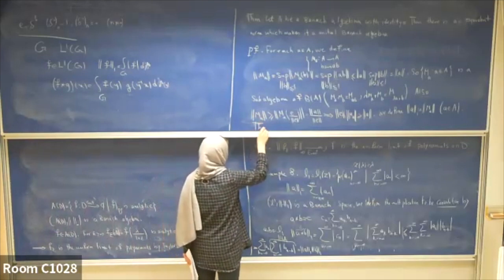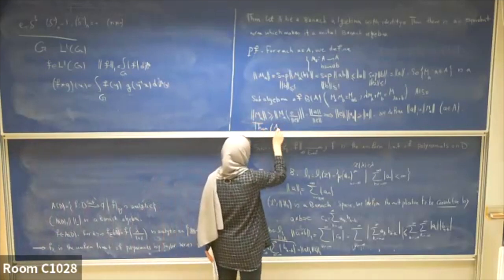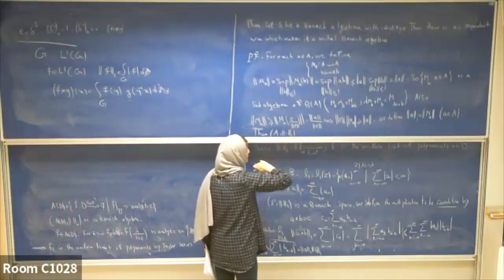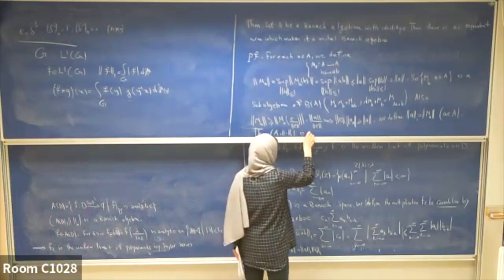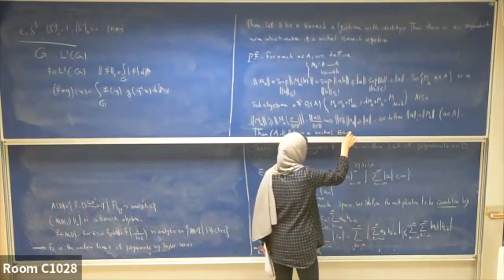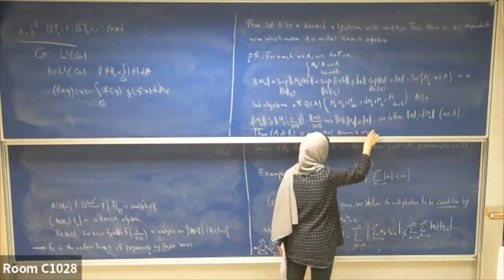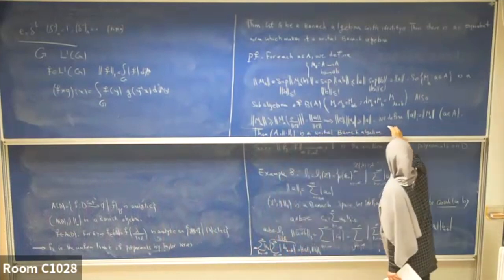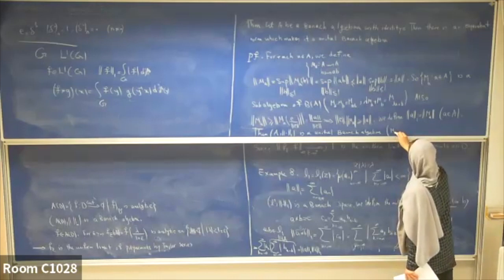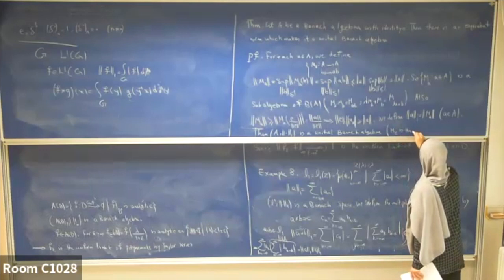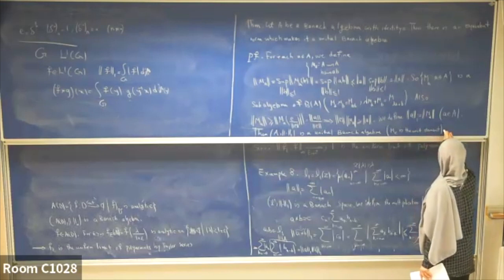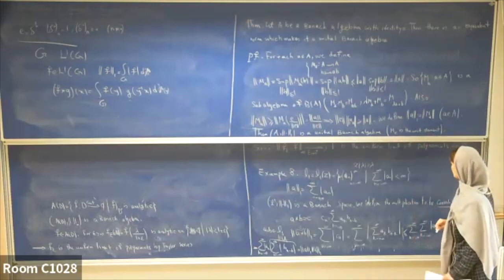Okay, then A with this norm, which is equivalent to the first norm of A, is a unital Banach algebra. As I told you, the identity element is actually M of E, and the norm of this element is 1.